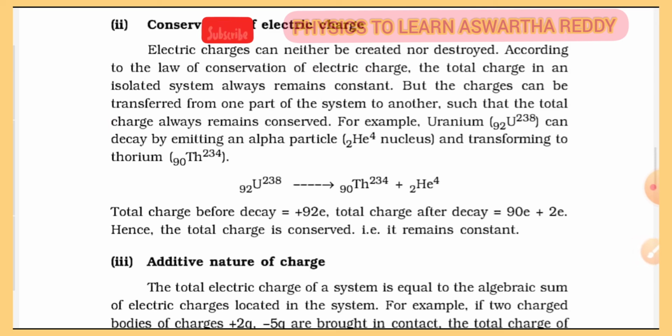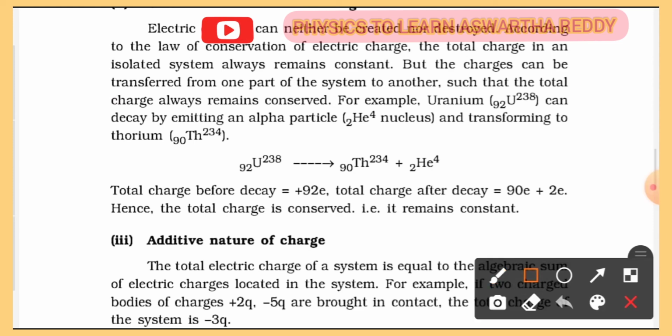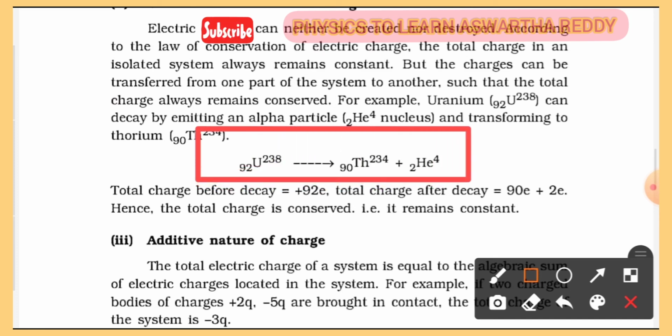For this, take an example. If you have learned modern physics, you may have heard of the nuclear reactor. In a nuclear reactor we use uranium. Here you can see the equation. In this equation, before splitting, uranium has 92.